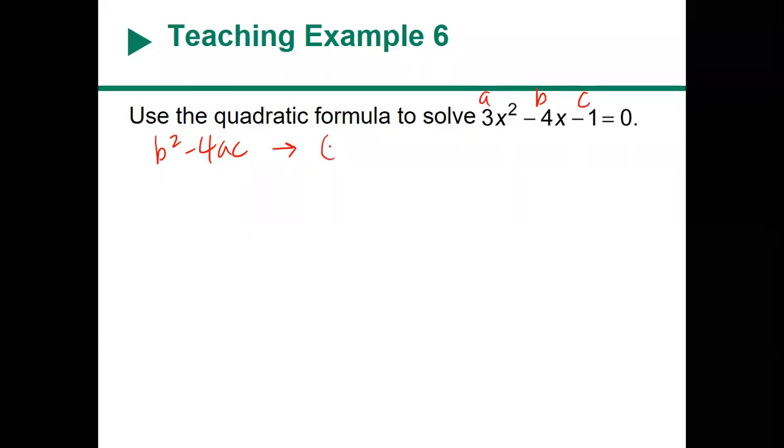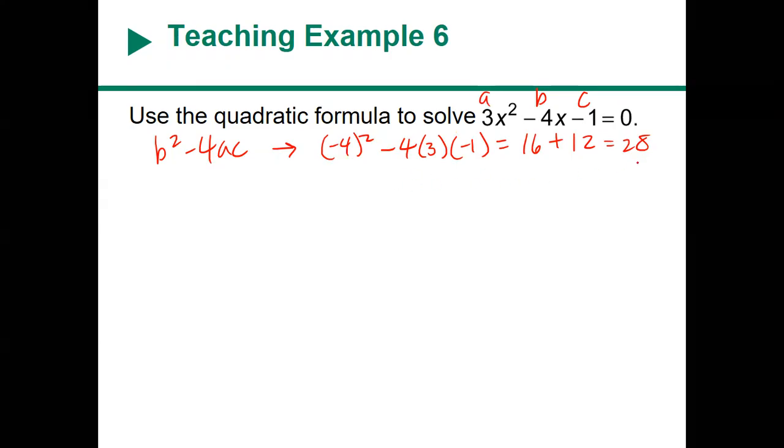That leads me to negative 4 squared minus 4 times 3 times negative 1, which equals 16 plus 12, which equals 28. So my discriminant is positive, so I should have 2 real solutions.